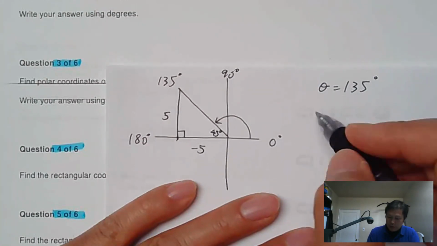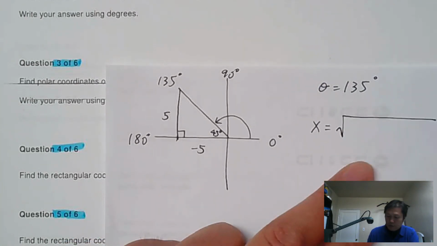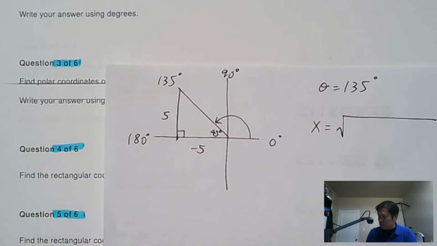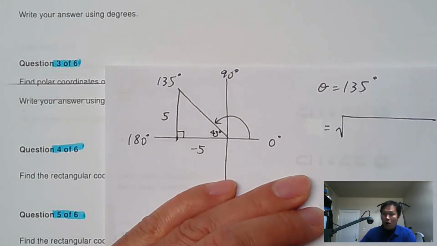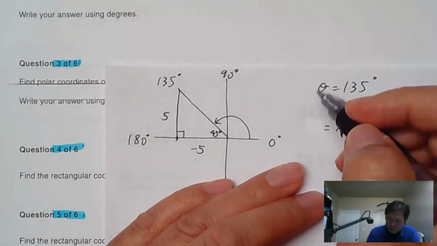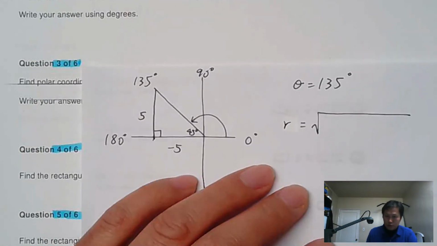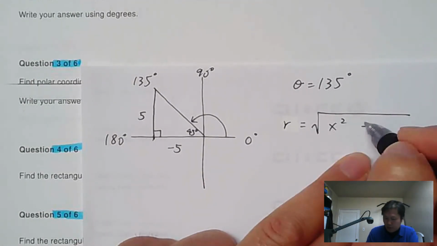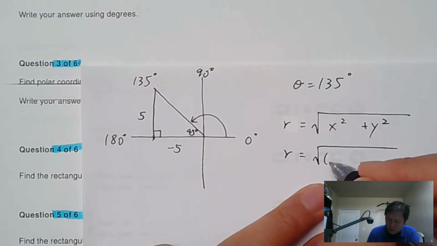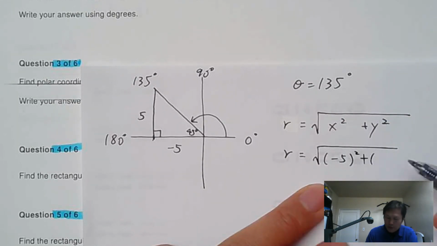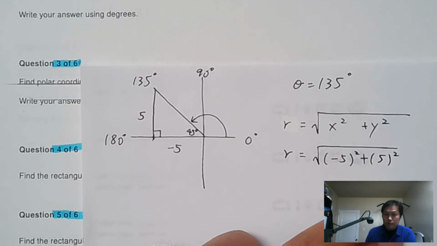So r is equal to the square root of x squared plus y squared. That's the formula. So r is equal to, x was minus 5 squared, y was 5 squared.